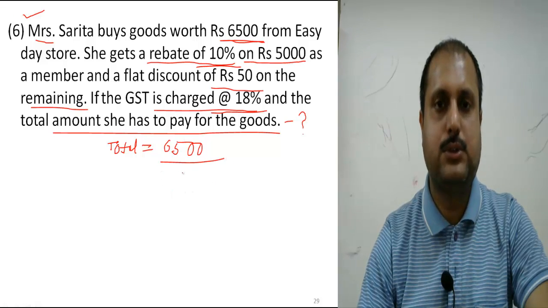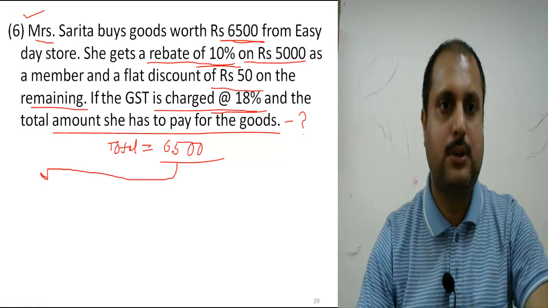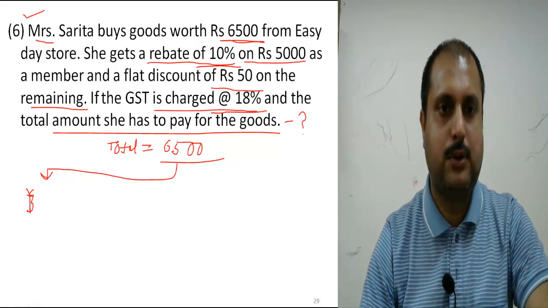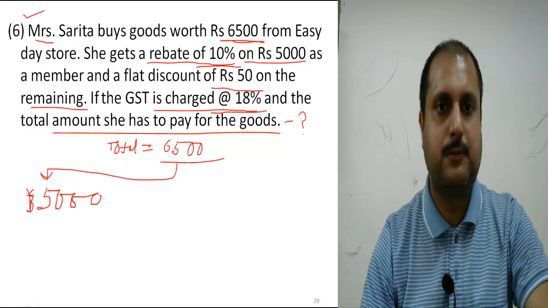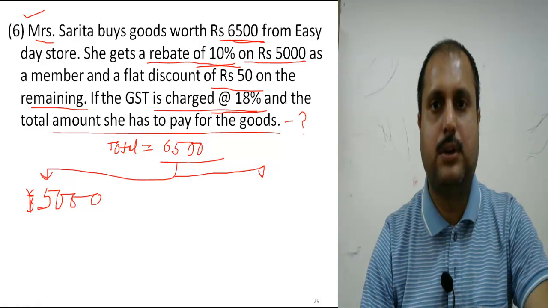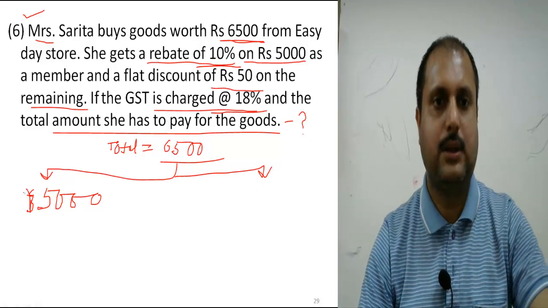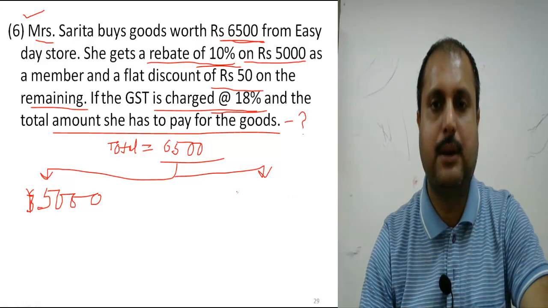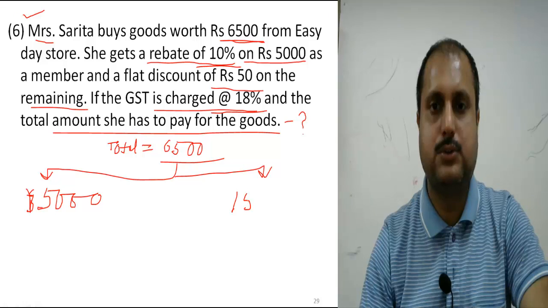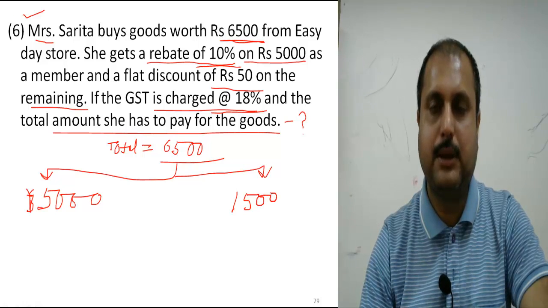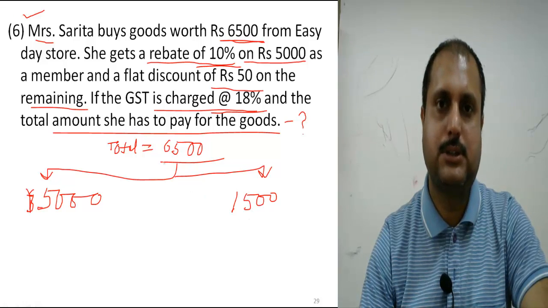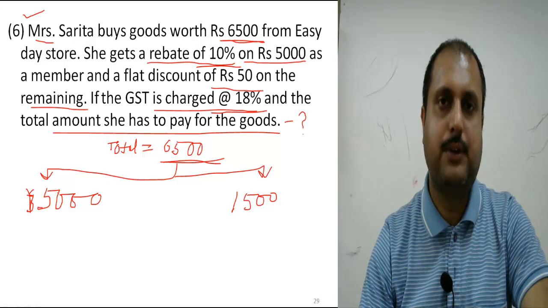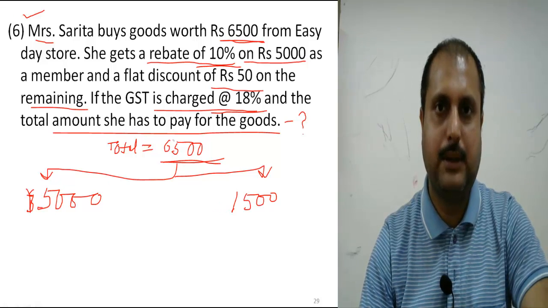So the total can be divided into two parts: first is the 5,000, and another one will be called the remaining amount. What can the remaining amount be? It is 1,500, because if you add 5,000 and 1,500, the total will be 6,500.